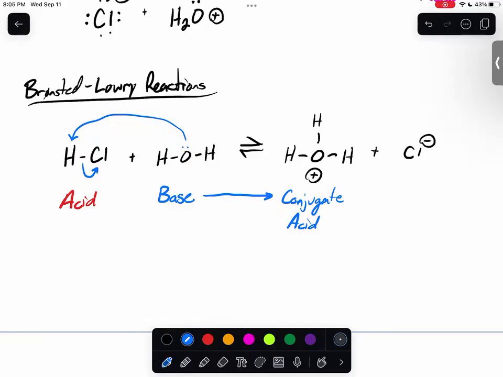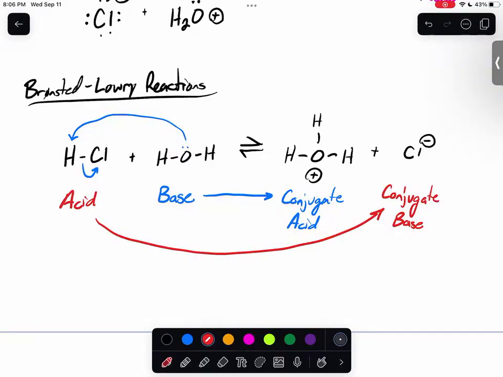So it is a conjugate acid. At the same time, the acid on this side becomes the conjugate base on the other side of the reaction. And so what this means is if we were to put this reaction in the reverse direction, the H3O plus would be our acid and the Cl minus would be our base.